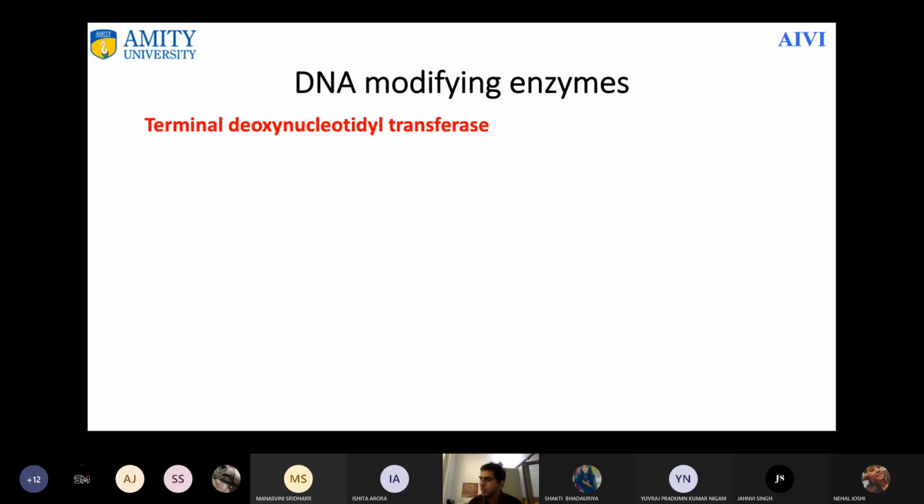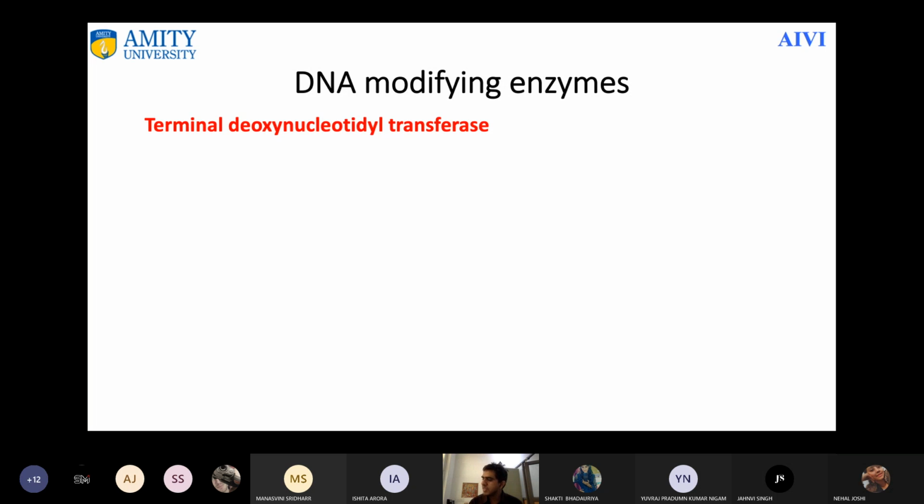Deoxynucleotidyl means you are going to transfer a deoxynucleotide. You are adding a nucleotide, and this nucleotide you are transferring to the terminus. The enzyme which transfers a nucleotide at the terminus is called the terminal deoxynucleotidyl transferase.